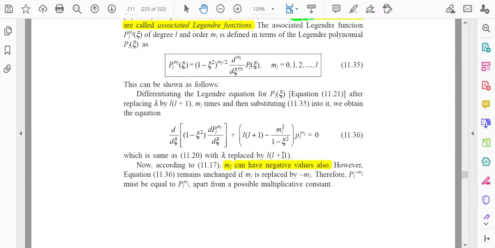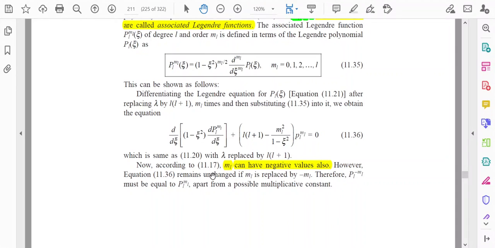Now we have already studied in the earlier discussion that ml can have negative values, because the values of ml are 0, plus minus 1, plus minus 2, and so on. And in this equation there is ml square. So this equation will be satisfied for negative values of ml also.